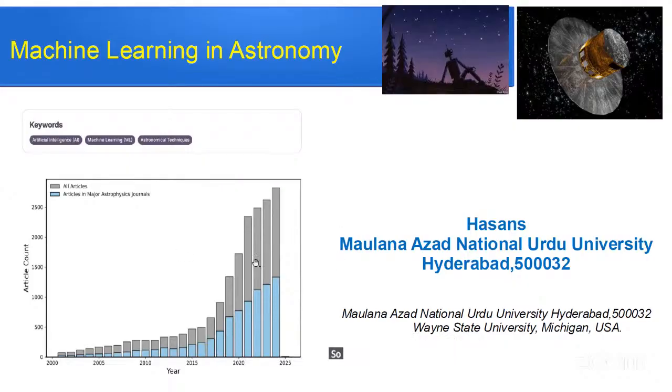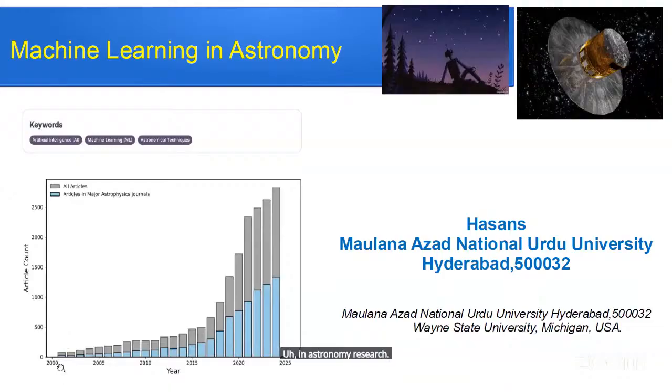Before we go to the next slide, have a look at the graph. What you see on this graph is a histogram of publications. In gray, it gives you the publications of all articles, and the blue part shows how machine learning is being used in astronomy research.